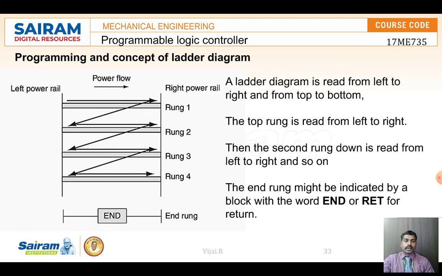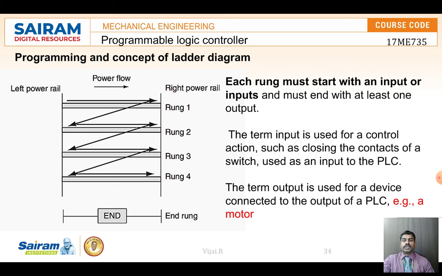So a ladder diagram is just like two vertical rails with horizontal rungs. From the top, once it reaches the right side, it has to come to the left downwards. This is how it is read.